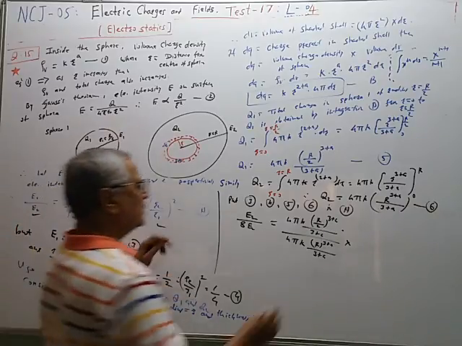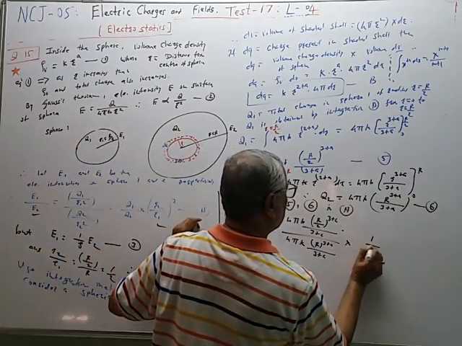So R2 upon R1 square is 1 by 4. Directly you can substitute this value.